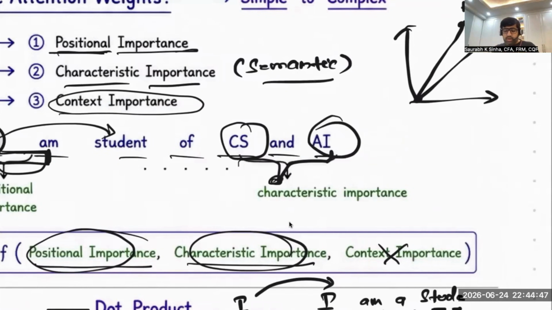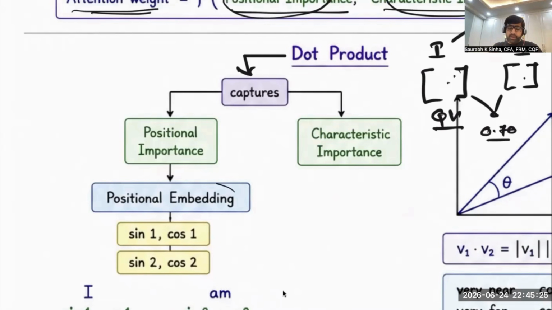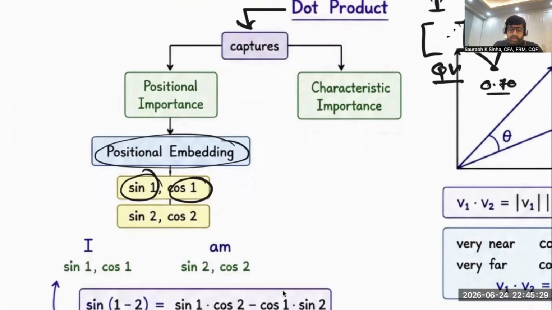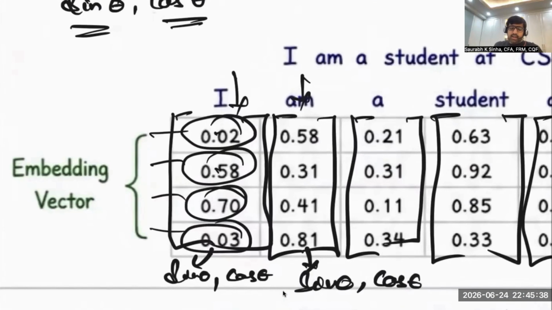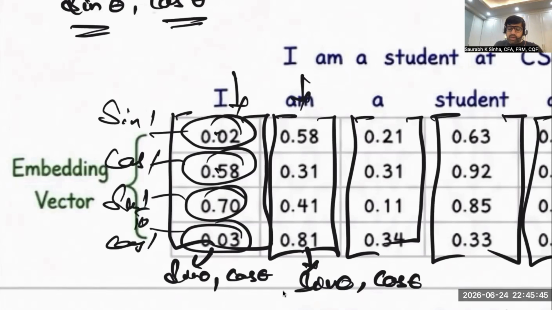How come? Do you remember when we did positional embedding, we added sine 1 and cos 1 to the vector of "I"? For each vector, I added sine 1, cos 1, sine 1 upon 10, cos 1 upon 10. And for "am," I added sine 2, cos 2, sine 2 upon 10, cos 2 upon 10.